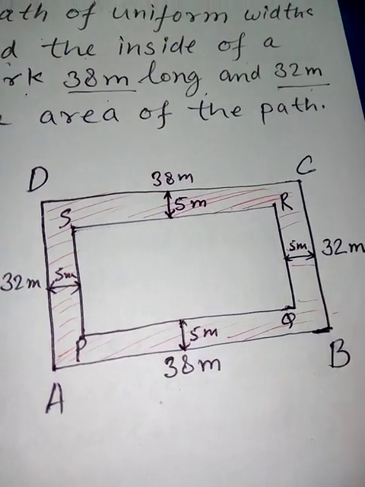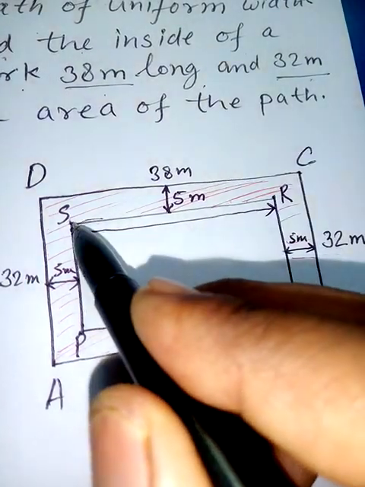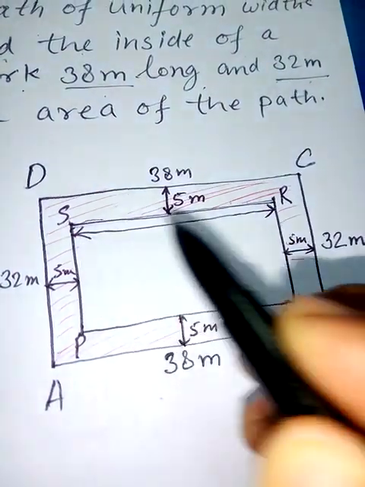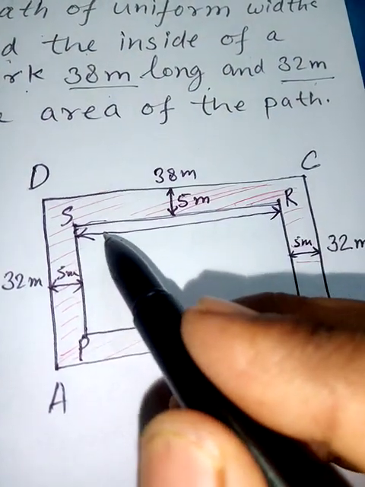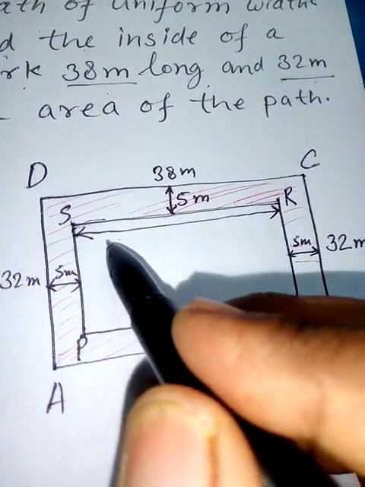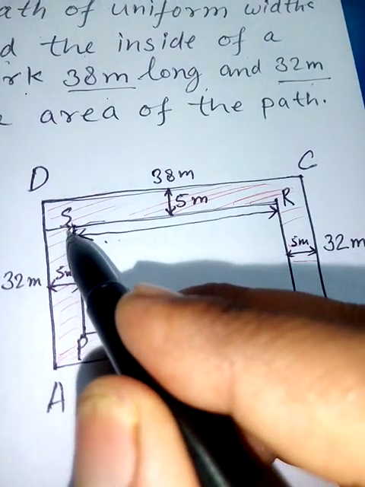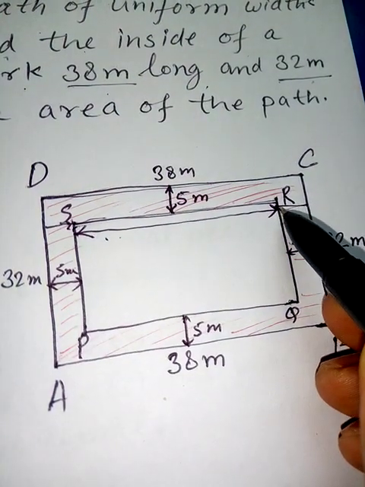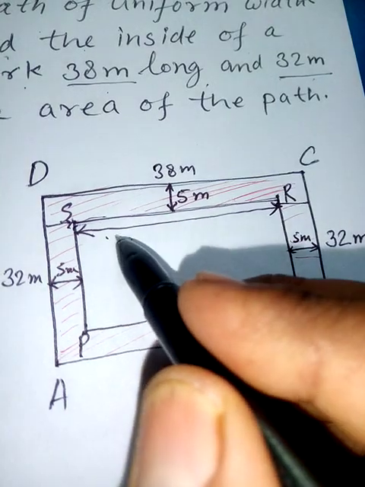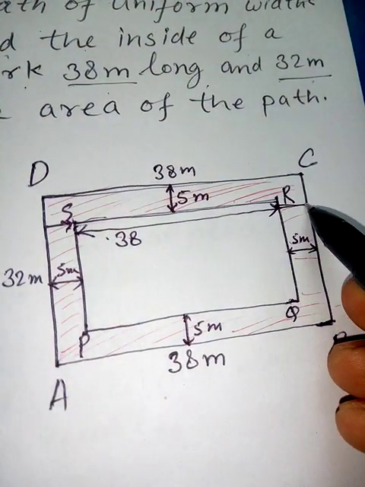So first of all find out this length. This length, SR, must be 38 minus 5 meter and minus 5 meter. It means we have to subtract 5 meter from both sides, that is from here and from here.